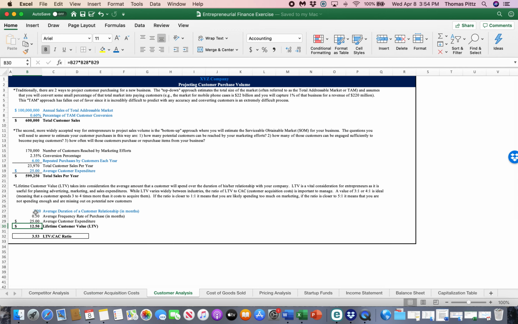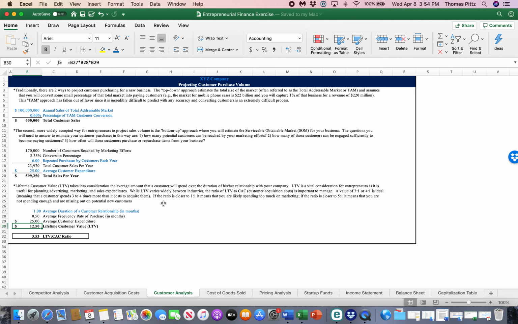So each one of those new customers provides 3.53 times more value than it costs to acquire them. That's an important number. The sweet spot is 3 or 4 to 1. So if your number's in the 3s or in the 4s, you're pretty good.